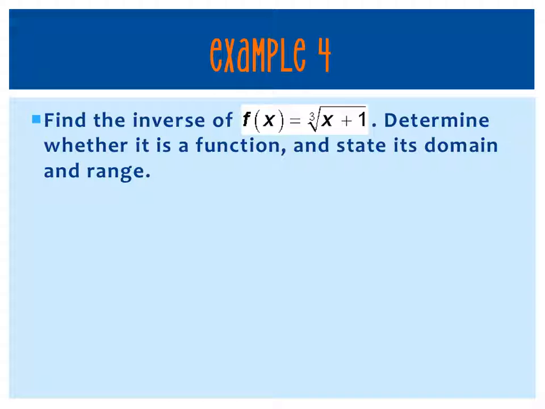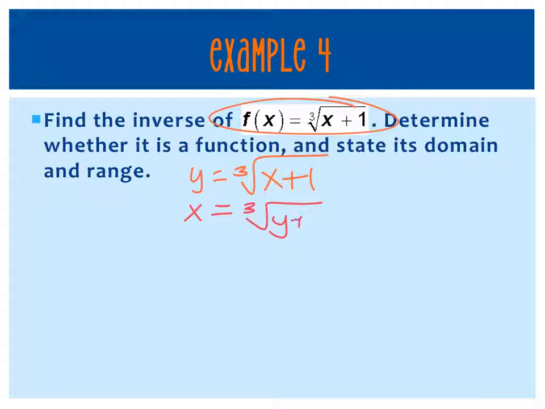All right, so this example says to find the inverse, determine whether it's a function, and then state its domain and range. The first thing I do is find the inverse. If this is my initial function, the cube root of x plus 1, to find the inverse, I would switch the x and the y, and then solve for that new y.